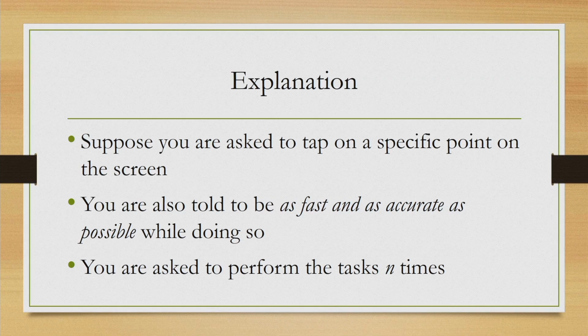Suppose you are asked to tap on a target. You are given a task that this is a target and you are asked to select the target by tapping on it, and your finger is there at an initial position. From there you have to acquire the target and tap on it. However, you are also told that you have to select the target as fast as possible and as accurate as possible.